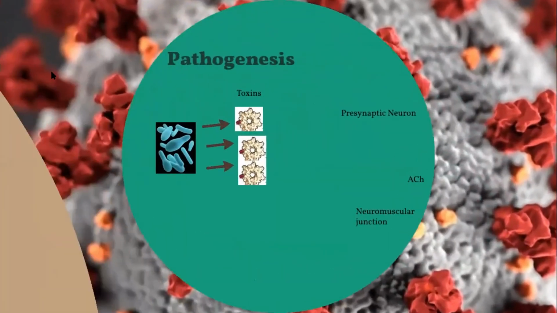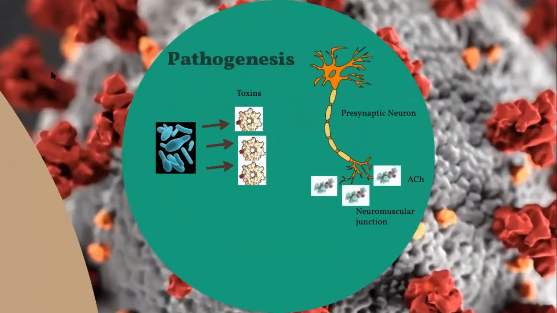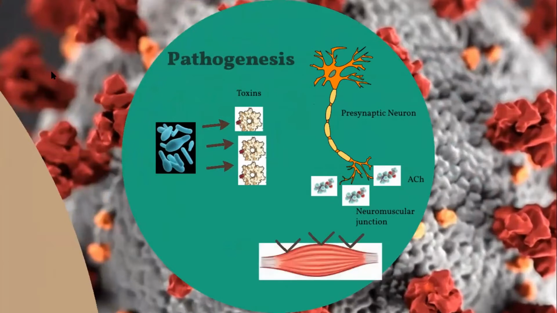Normally, in an individual, the acetylcholine is stored in the presynaptic neuron, and in the skeletal muscles there are acetylcholine receptors. The presynaptic neuron releases the acetylcholine into the synapse, and it binds to the acetylcholine receptors found in the skeletal muscles, leading to the contraction of the skeletal muscles.